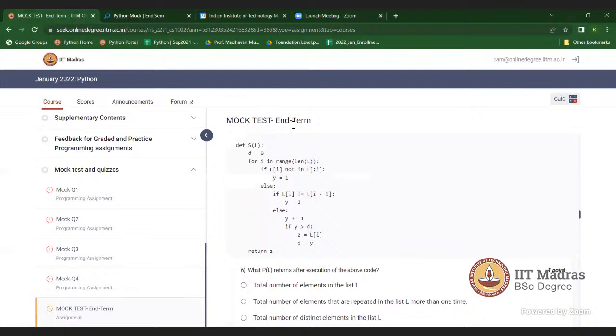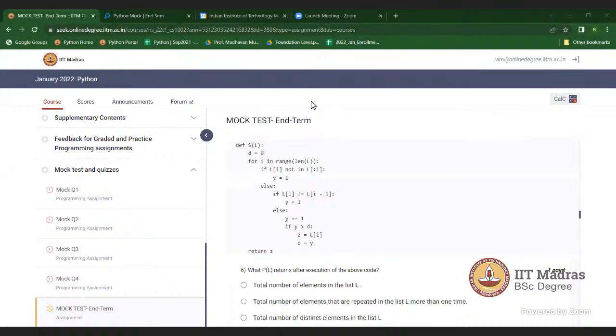I have a query here, sir. In the third line, if L of I not in L colon I, what exactly does it mean? Are we removing the list items from I index till the last? No, we are not removing any element. We are just checking whether L of I is already there.